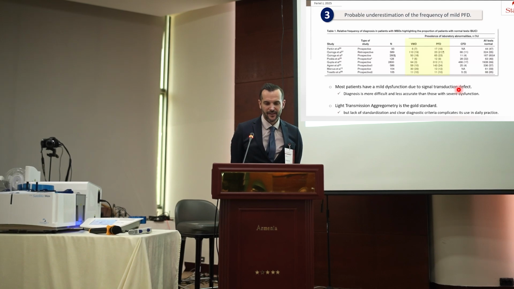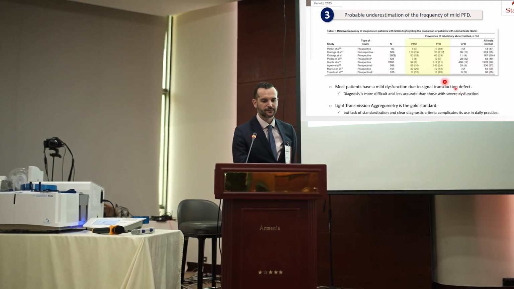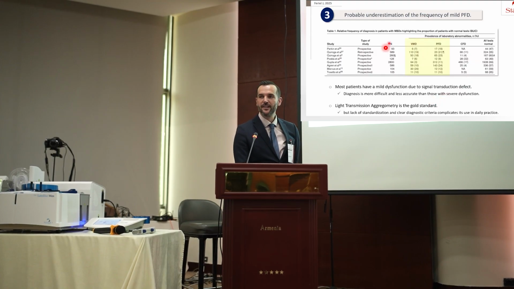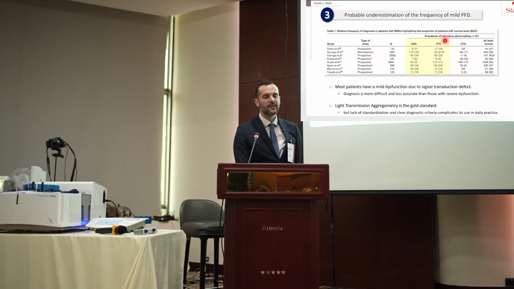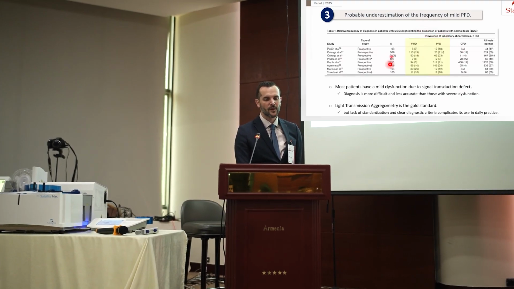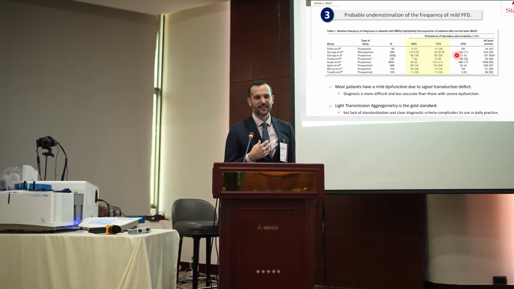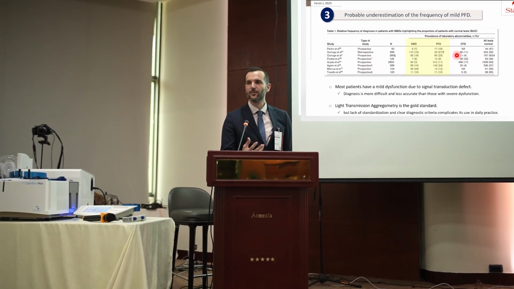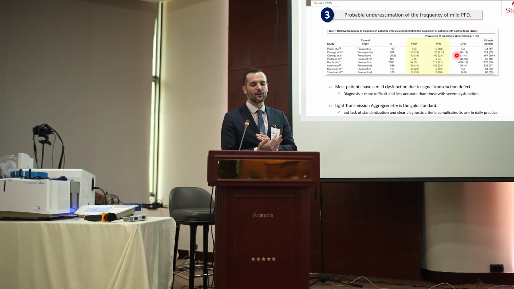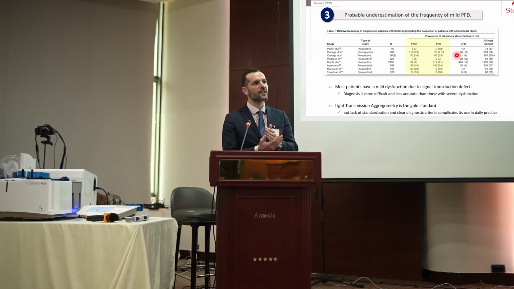And the third hypothesis is a probable underestimation of the frequency of mild platelet function disorders. If we look again at this table, we can see that von Willebrand disease and platelet function disorders have approximately the same prevalence, which is not related to what laboratories usually do in daily practice, because many laboratories will do von Willebrand testing, but few laboratories will do platelet function disorder testing.